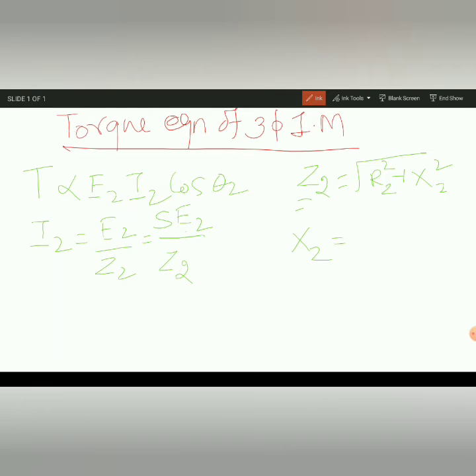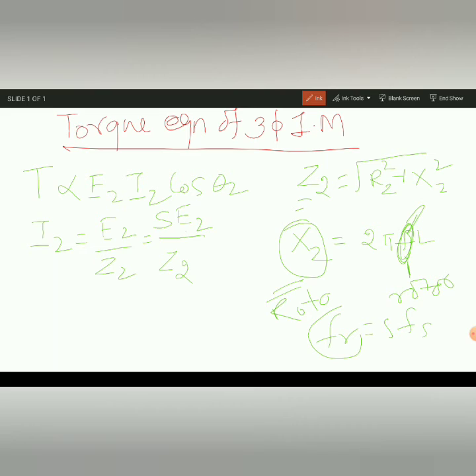If it is an inductive reactance, it is 2 pi FL. In AC we have an inductive reactance only, so this reactance depends on the frequency, and since it is a rotor reactance, this is the rotor frequency. We know Fr equals S into supply frequency Fs.